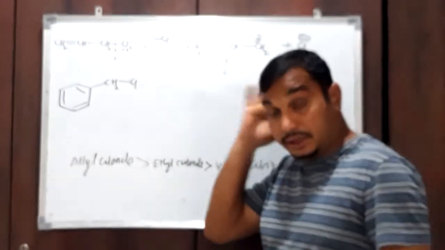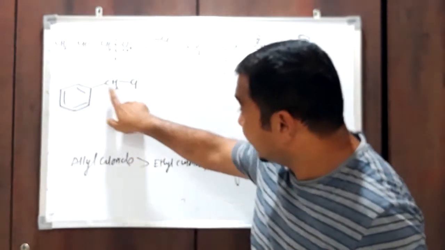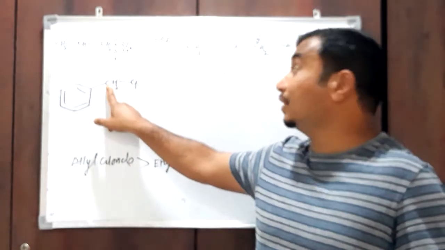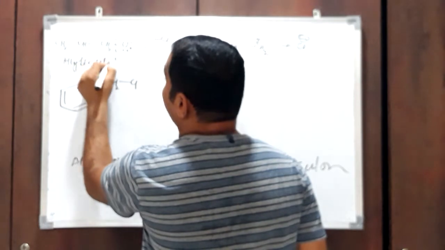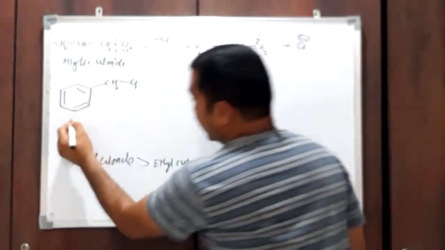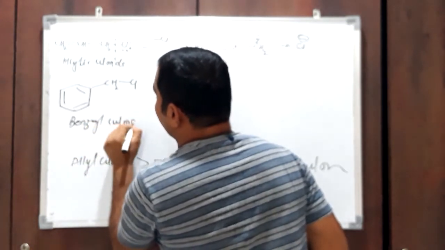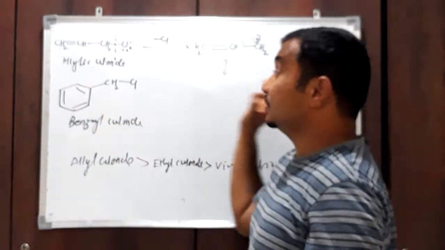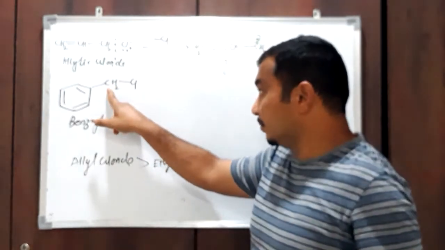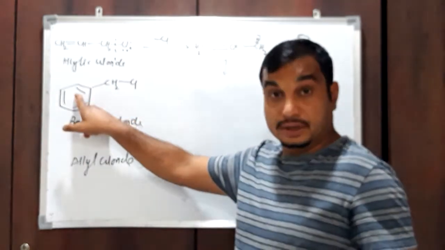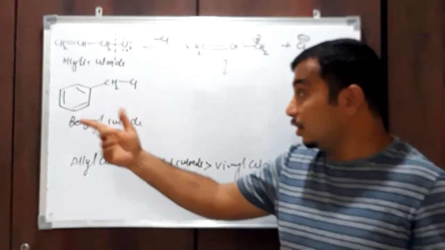In benzyl chloride, the chlorine atom is attached to a side chain carbon atom, like in allyl chloride. So this halogen atom is directly attached to a side chain carbon atom. It is not directly attached to the ring, so there is no conjugation between the lone pair of electrons and the pi bond present in the ring.